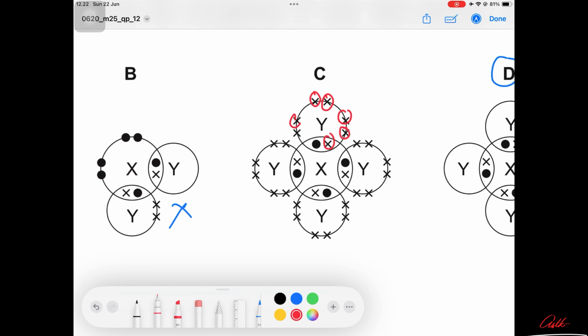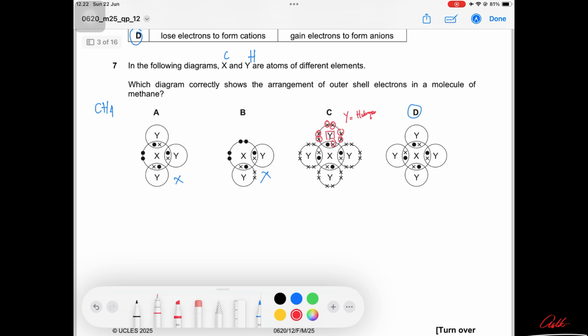X symbol represents the hydrogen atom, I mean Y. But you know hydrogen only has 1 electron. So it's impossible to choose C, right? So never choose C. Okay.